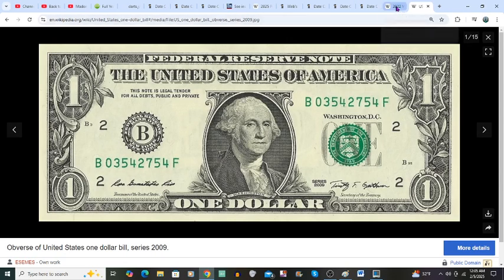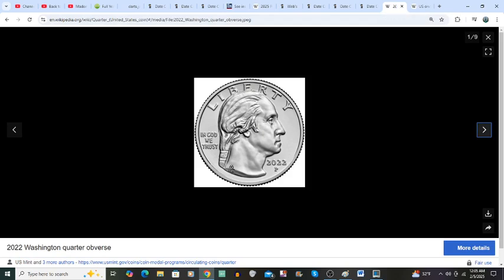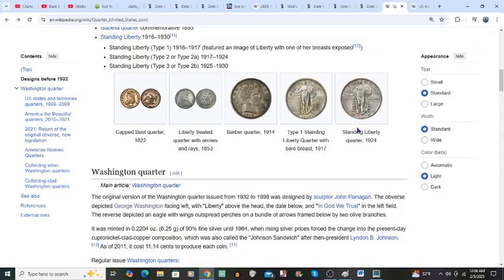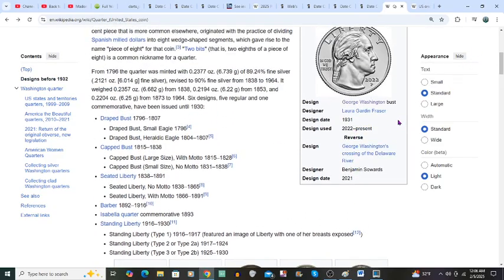The side-on portrait of Washington is on the quarter, Washington on the 25-cent piece. So 25 is referenced on the dollar bill, right below 230.